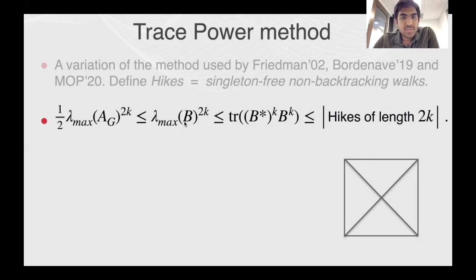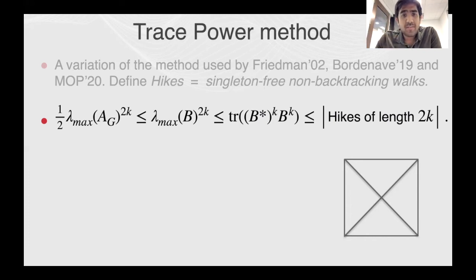Here B stands for the non-backtracking walk matrix, but we won't get into the details of that. So let's see what a hike is, right? So a hike is a singleton-free non-backtracking walk. So at each step, you cannot backtrack along the edge you've come from. And moreover, no edge is traversed exactly once. So either it's traversed at least twice or it's never traversed.